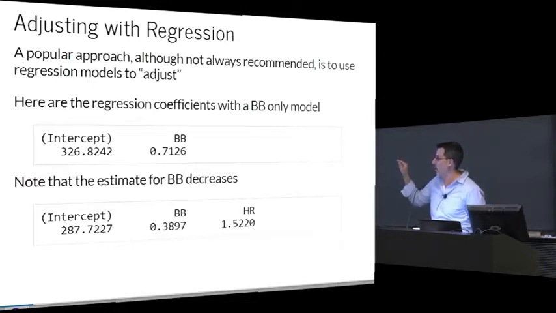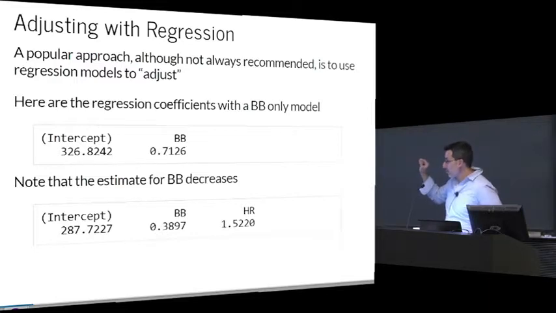But if I now include a regression model that has both bases on balls and home runs, like we did in the previous lecture where we look for the least squares estimate with a model that has both of them, the coefficient for base on balls drops almost by half. So it's still there, but now we say we adjust it for home runs, and now the effect is not as great. So this is a very common technique that is used in many of these studies that have possible confounders, like the two examples I just gave. They will fit a model that tries to adjust for possible confounders using regression.